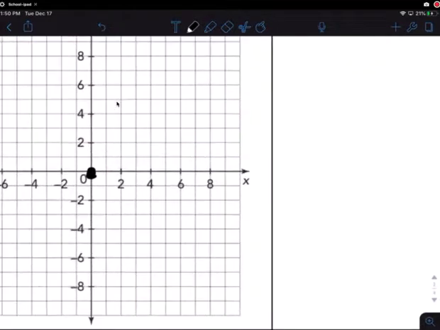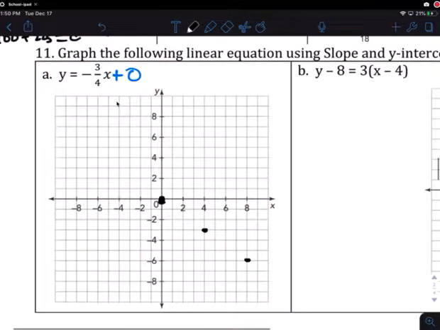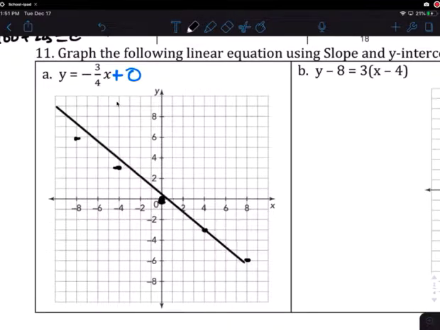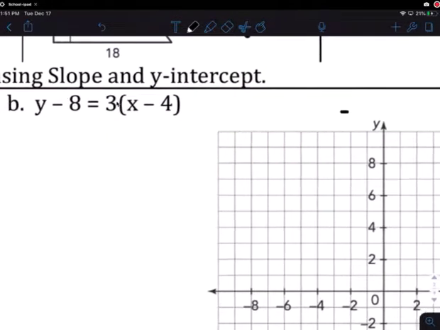Down 3 over 4. Connect the dots. Okay, for B, in order for you to graph this, you have to solve first. Let's do additive inverse.